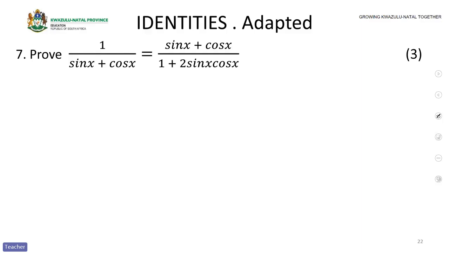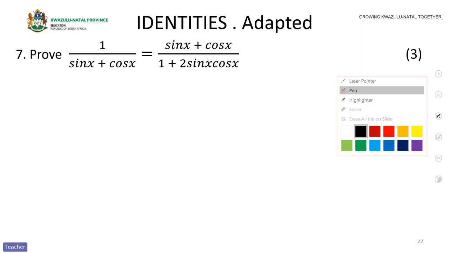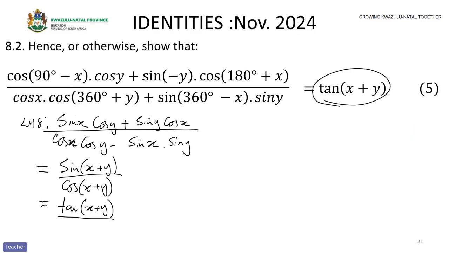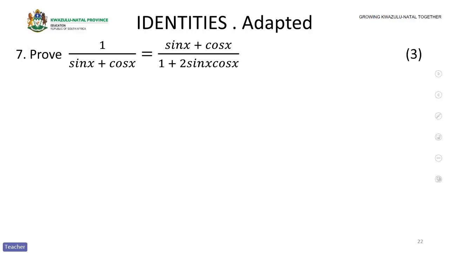In this case, since on the other one I started with the left-hand side, let me see if I start with the right-hand side. I'm working with the right-hand side, which says sin of x plus cos of x all divided by 1 plus 2 sin x cos x.